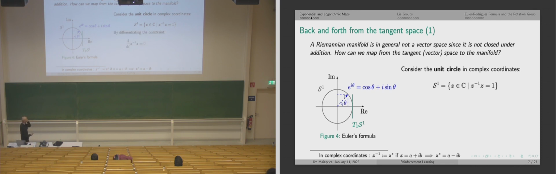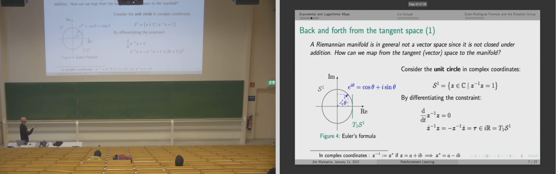Okay, so if we differentiate the manifold constraint here, we get 0 on the right side because we are differentiating 1 with respect to time. It's a constant. And then the product rule applies. So we have A times B, and we differentiate that with respect to time, and this would be A dot B plus A B dot.